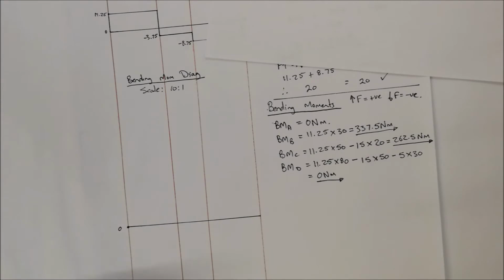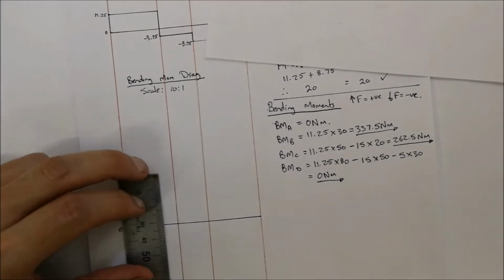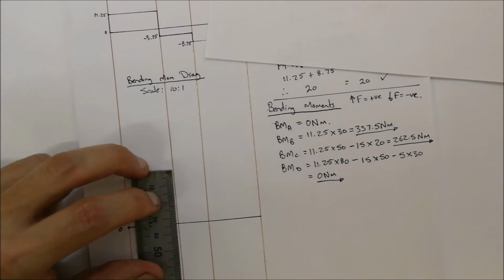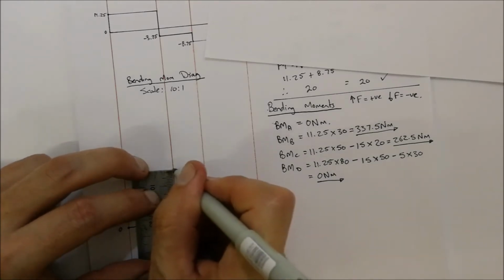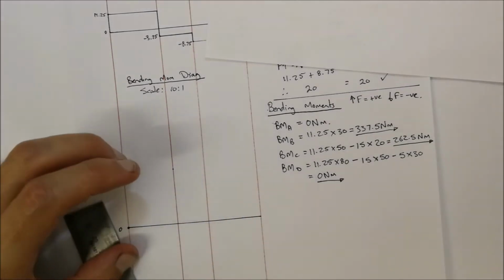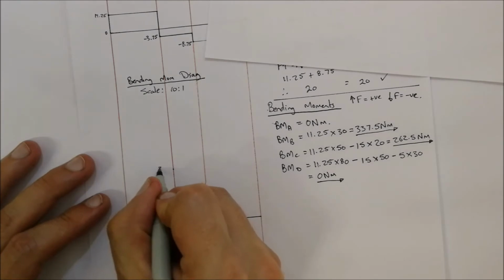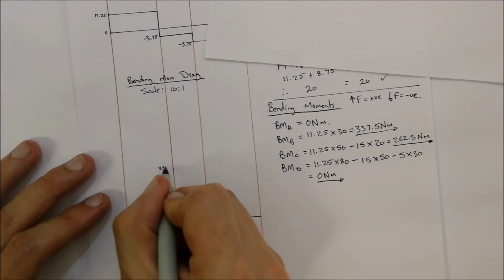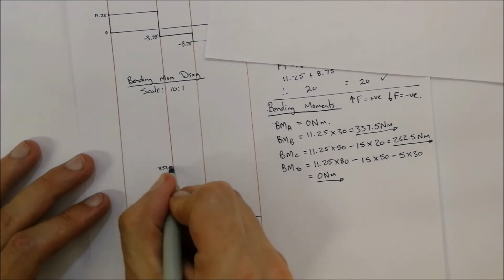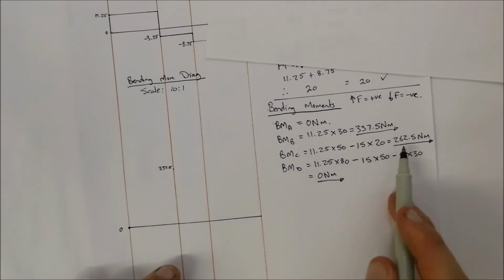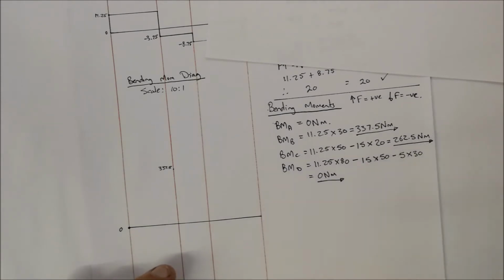So I'm going to measure over here. That's going to be 33.7 millimeters, which will be over there. So that is 337.5 Newton meters. Then the bending moment at C is 262.5 Newton meters.